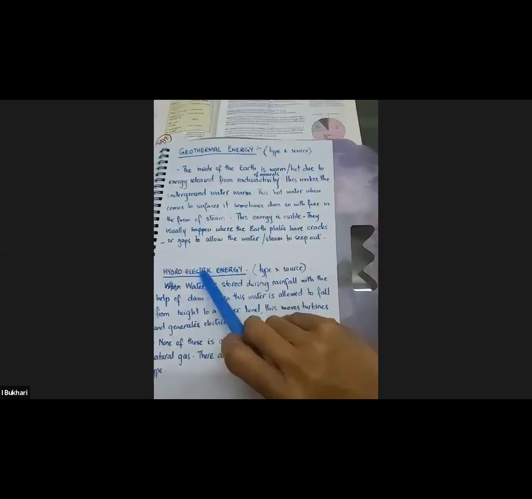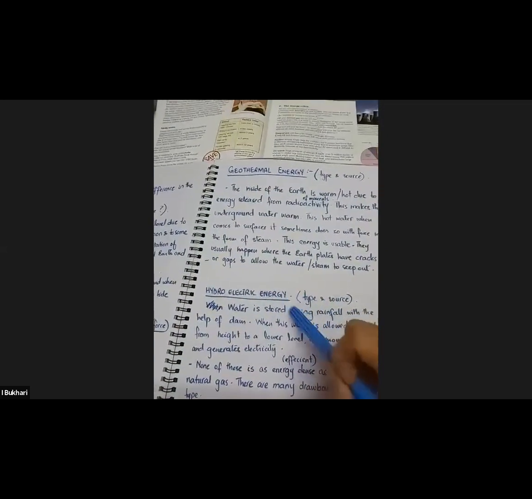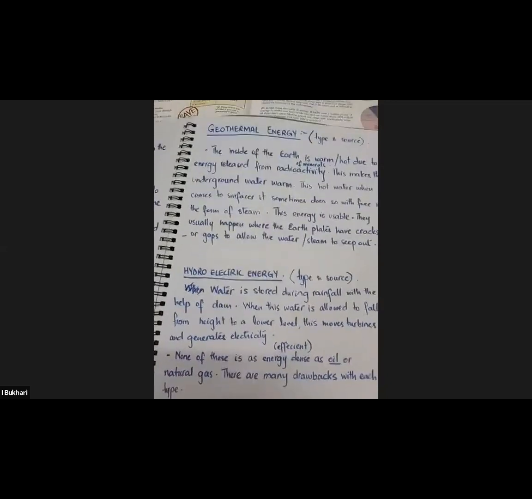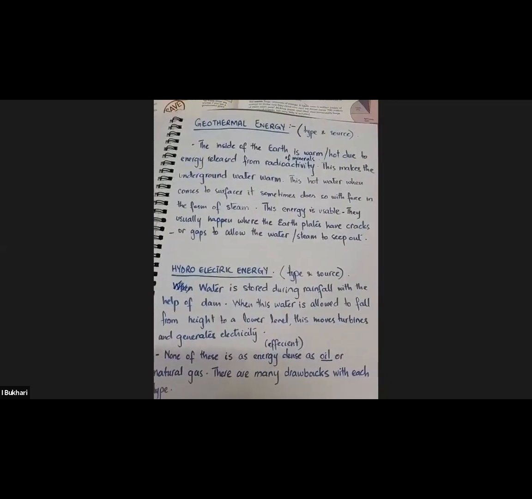So what is, first of all, the type of energy? Hydroelectric. Kinetic, because it is the movement of water molecules. Kinetic, but Manal, not electromagnetic. No, this hydroelectric is not electromagnetic, it's kinetic.